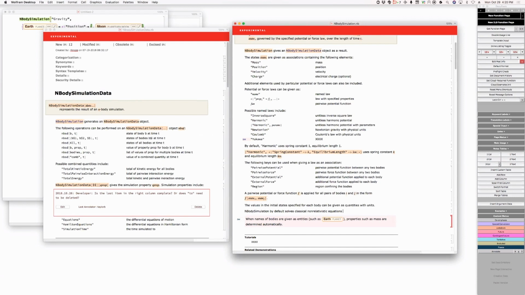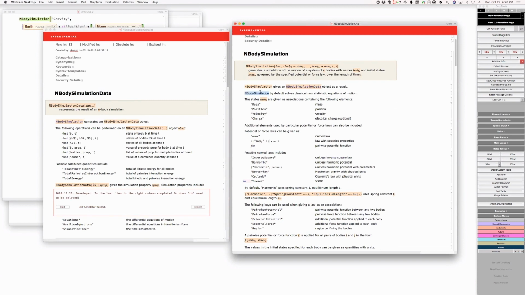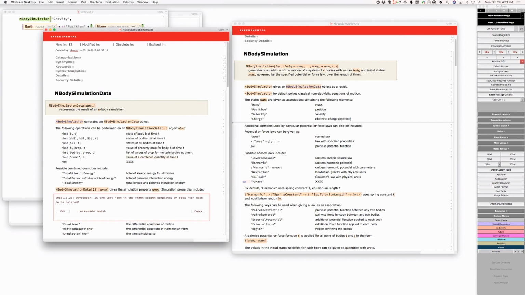Right. Maybe that should be said at the top, since it is kind of critical. Okay, now, possible combined quantities include. Okay, what's this thing here? Those are just properties of the simulation. Okay, so that's another thing here.